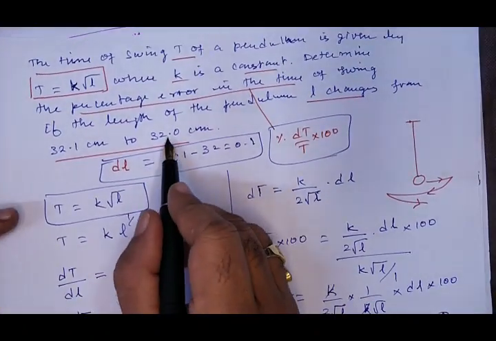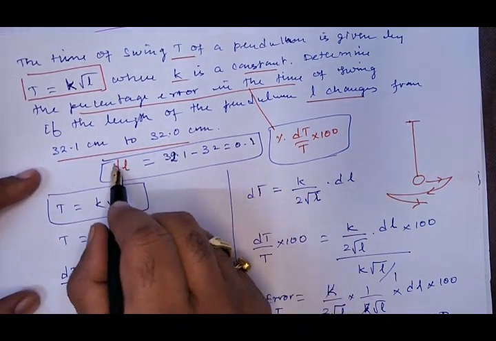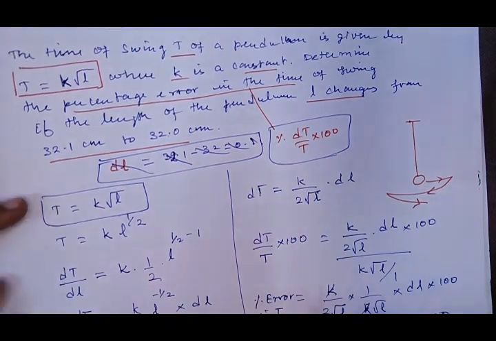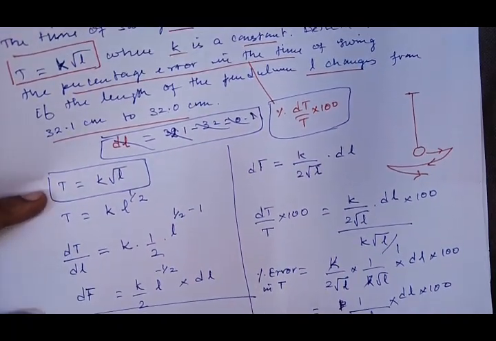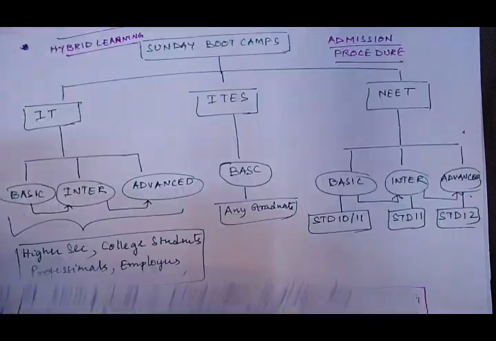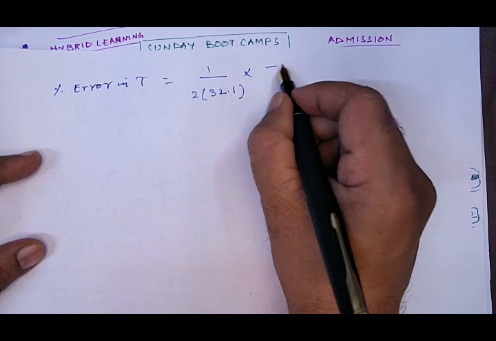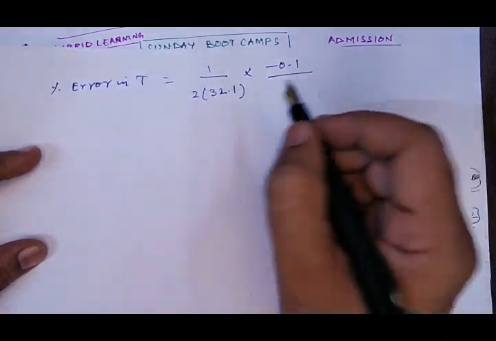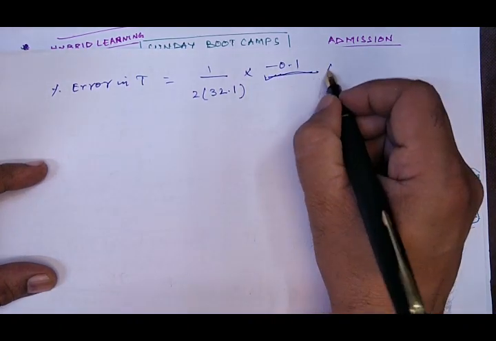Of course, dl is the final length 32, minus the initial length 32.1, so there is a decrease of 0.1, so you have to put here minus 0.1, into 100.